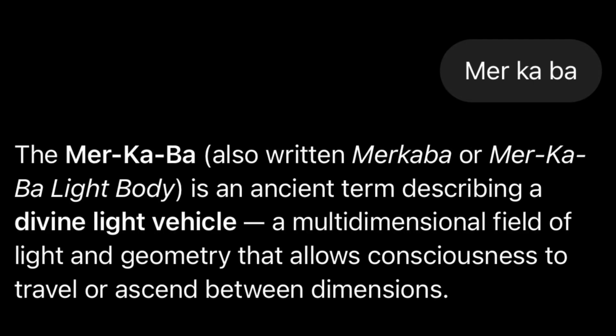So on ChatGPT, the Merkaba is an ancient term describing a divine light vehicle or a multidimensional field of light and geometry that allows consciousness to travel or ascend between dimensions.